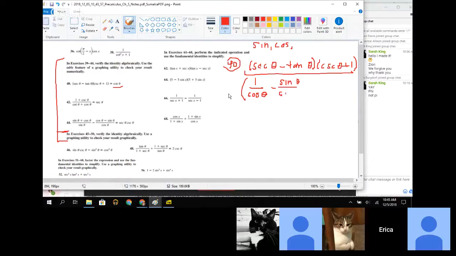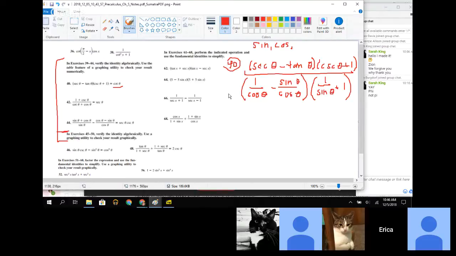If you can get everything down to just sine and cosine, then a lot of times you can do something with it. Then I have the cosecant of theta, which is equal to 1 over the sine of theta, plus 1.